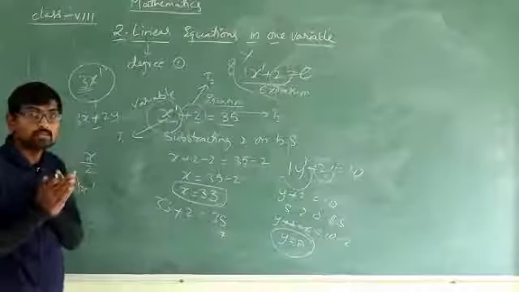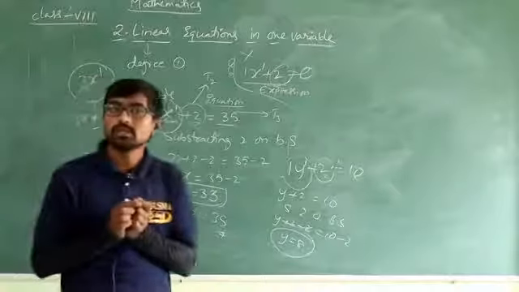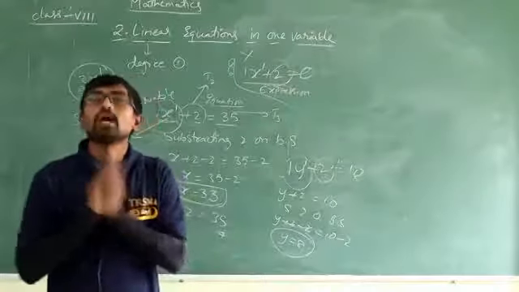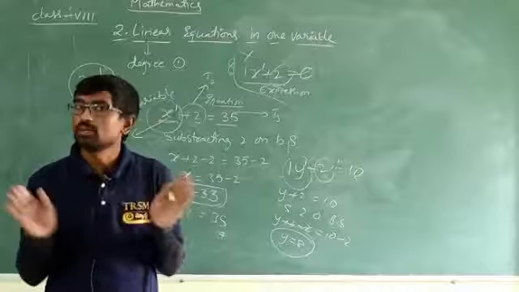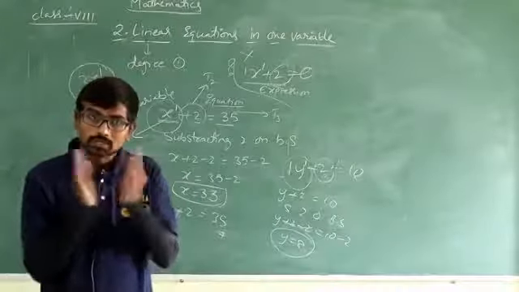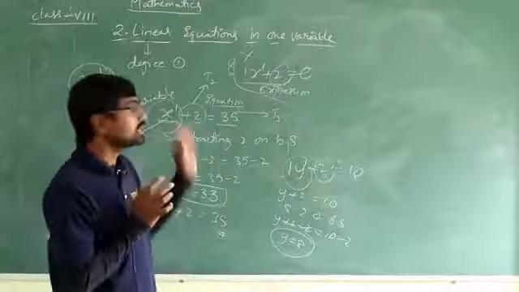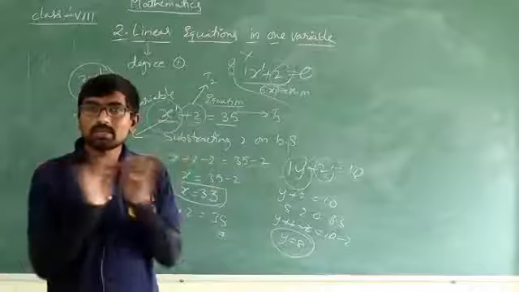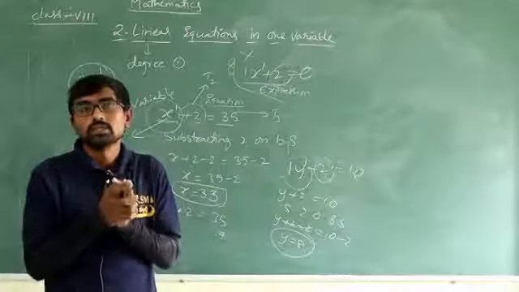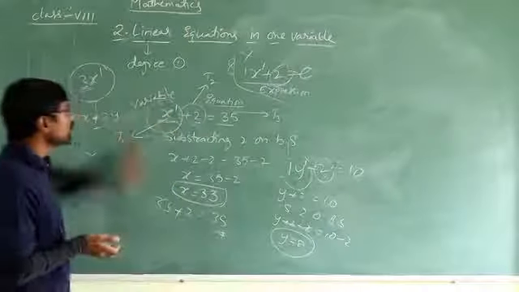The terms are divided by positive and negative symbols only. Multiplication and division symbols don't divide things into terms. If you see plus or minus, then the plus and minus symbols divide the term into 2 to 3 parts. This is what you have to remember.